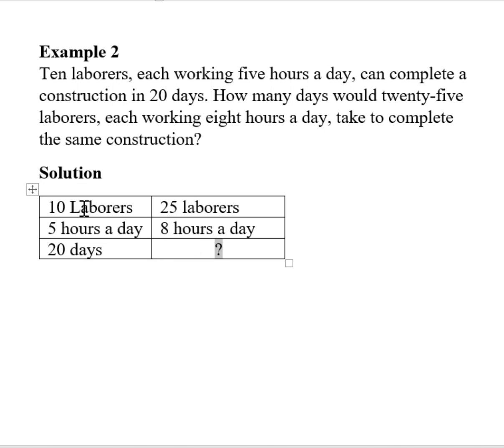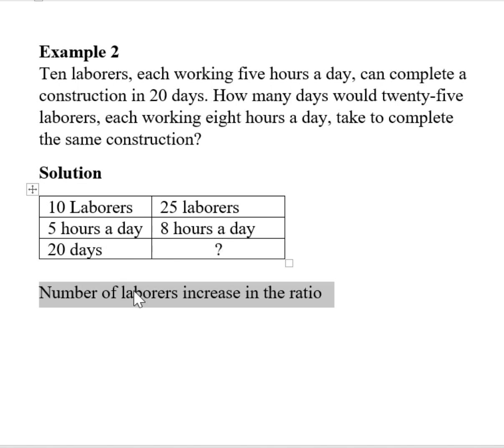Let's come up with a ratio using this. We realize we had 10 laborers initially, we are now having 25. So the number of laborers has increased. So for us to come up with a ratio, we shall say that the number of laborers increase, because we realize this is a change from 10 to 25, representing an increase in the ratio. The new number of laborers, which is 25, to ratio the old one, which is 10.